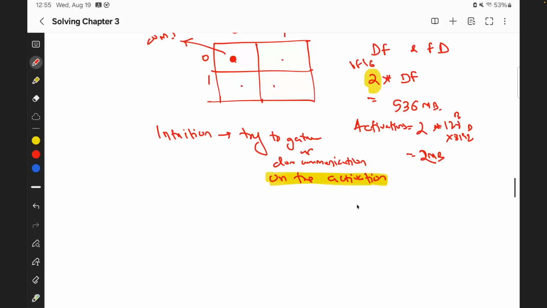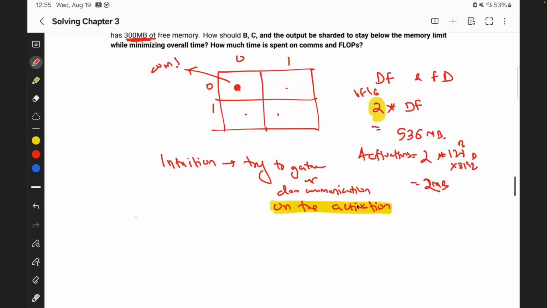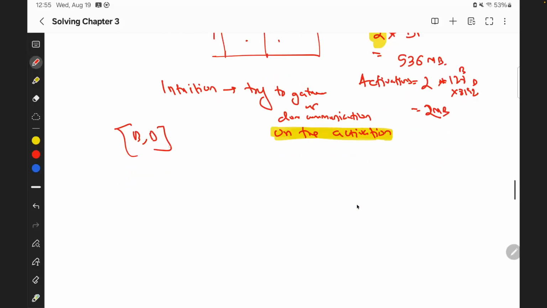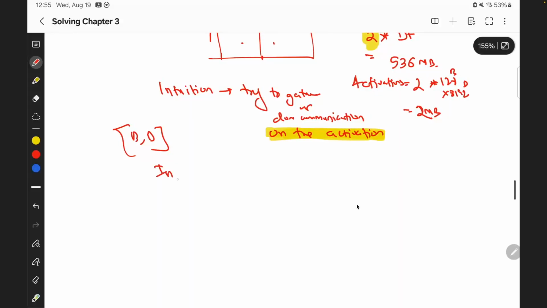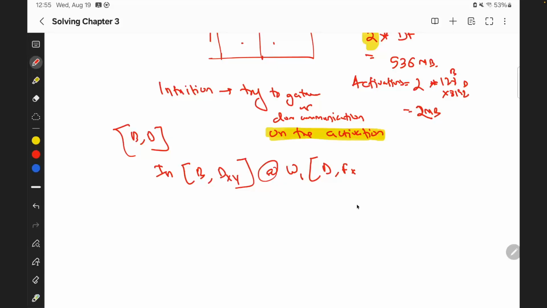So you have activations of B by D, and you need to shard this. Let's see how you can shard this. You can shard it as B[D_XY], and then do the matrix multiplication with the first matrix, which is D by F[XY], and the second matrix, which is F[XY] by D. I got this from the book.